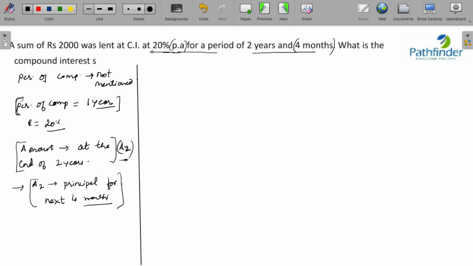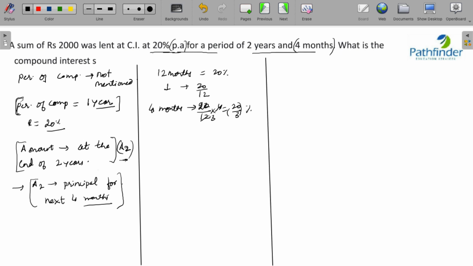So since this 20% is given per annum, we can calculate that interest for 12 months is 20%. So interest for 1 month will be 20 by 12. Interest for 4 months, and this 4 month is not the period of compounding, mind you. This 4 month is the final 4 months. So 20 by 12 into 4, 4 threes are, so we get 20 by 3%.